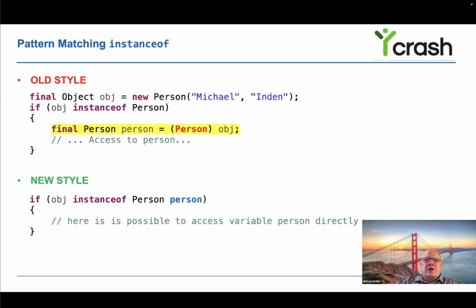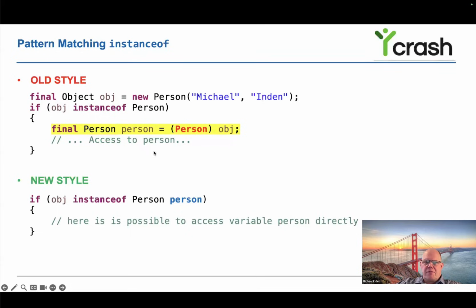We move over to pattern matching and instanceof. In the old days, before Java 16 to be precise, we sometimes find something like an instanceof check in our program. And of course, if this instanceof check is successful, the compiler and we know that this object is a person. So why do we have to write this single line with this ugly cast?